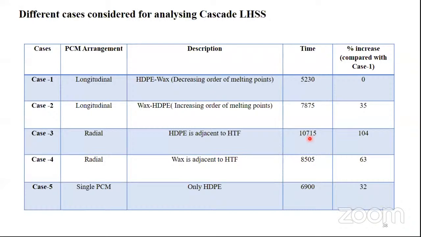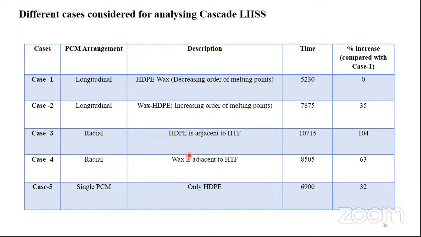Now we have studied 5 different cases, where the first one is the one where we only have a single phase change material, which is high density polyethylene, and then two different longitudinal and two different radial combinations of carnauba wax and HDPE, where we are again having a decreasing order of melting point and an increasing order of melting point when it is being placed axially in the longitudinal direction.